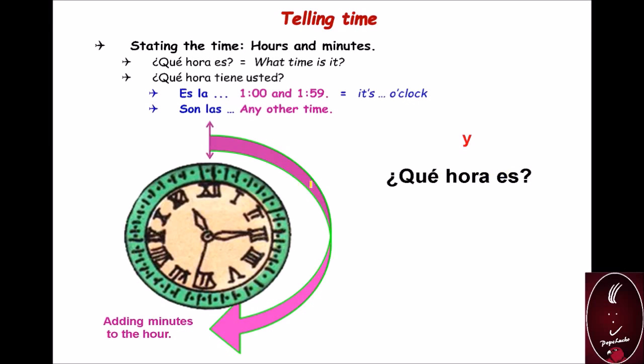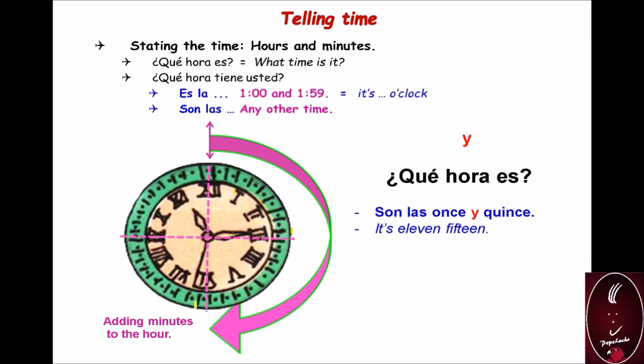¿Qué hora es? In this clock we have some Roman numerals. Here is 12, here is 11, so the hour is 11. Son las 11. How many minutes are we adding to the hour? 5, 10, 15. Son las 11 y 15. In this clock, we have another way to express this time.